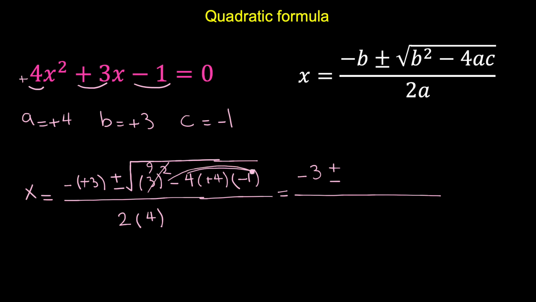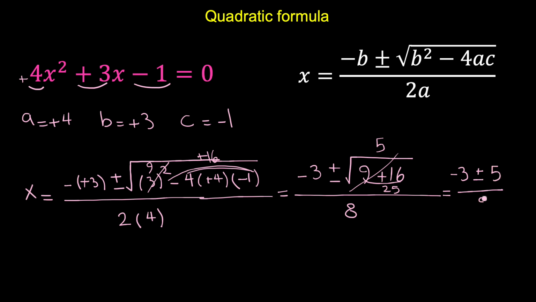So the answer is positive 16. And now we have something like this: square root of 9 plus 16, divided by 2a. So 2 times 4 equals 8. And here we have 9 plus 16, which is 25, and the square root of 25 is 5. So our answer is something like this: minus 3 plus or minus 5, divided by 8.